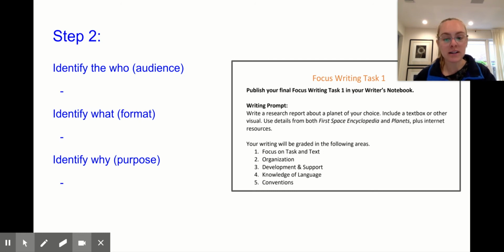Step 2, this is where you're going to identify who is our audience, identify what the format is, and identify why. So what is the purpose of writing this piece of writing? Now, I want you to think, who is our audience? If we're writing about a planet in class, who in our classroom do you think you're supposed to be writing to?